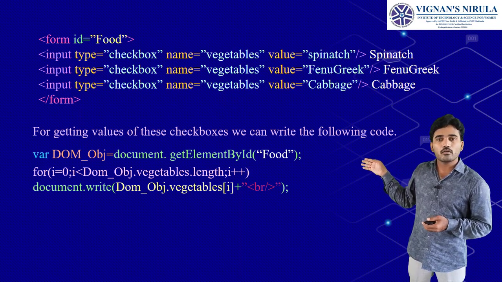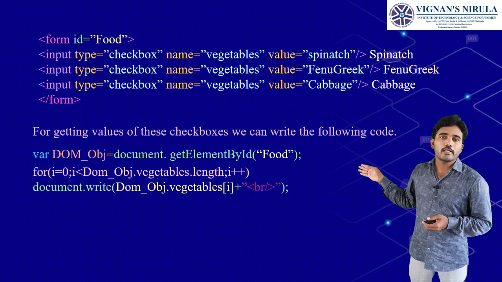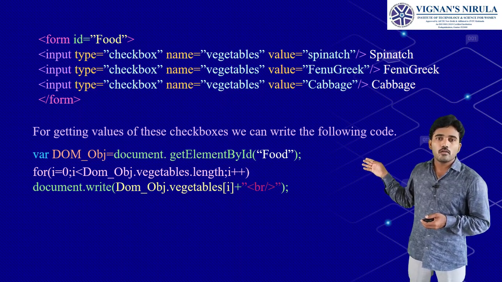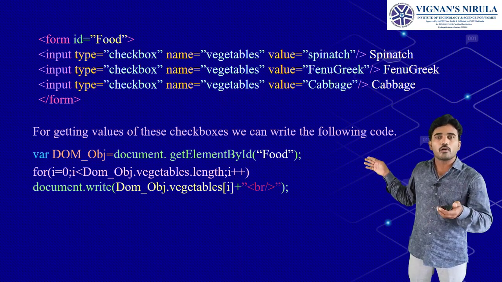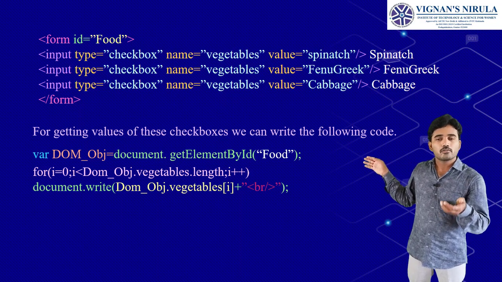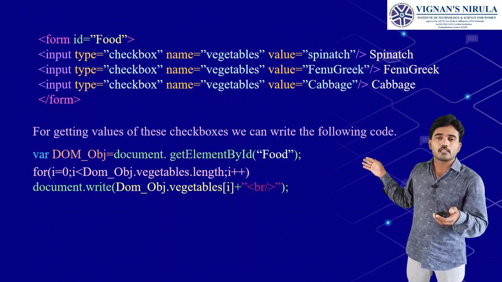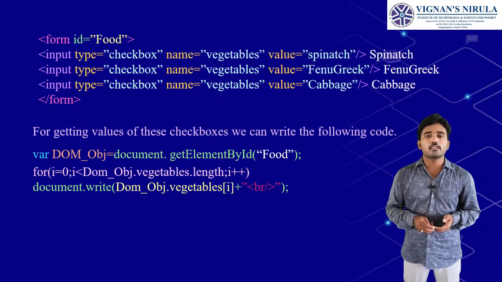By writing document.getElementById food, we have written a for loop that starts from i equals 0, and we need to find out how many checkboxes there are. For that reason we have written DOM object.vegetables.length and i++. Here it finds its length is 3.